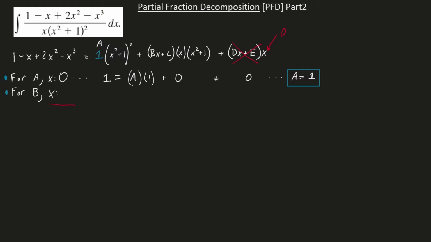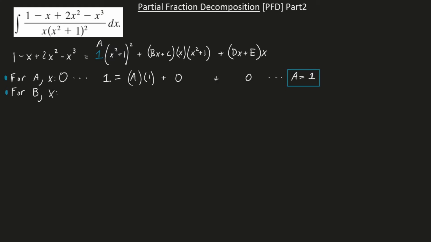That would eliminate this. But don't forget, doing that will also eliminate the whole bx plus c, and there goes my B. So, long story short, there's no x value that you can plug in that will allow you to eliminate all of my unknown letters except for B. It's just not possible. So what to do in these situations is the subject of this video.